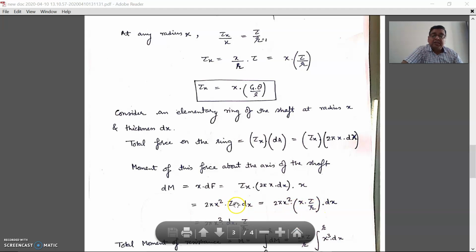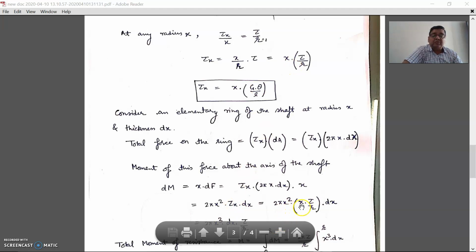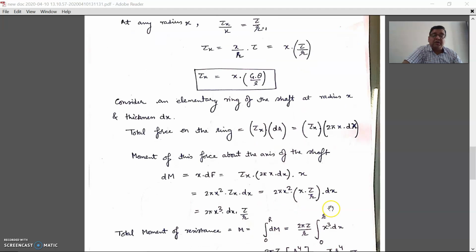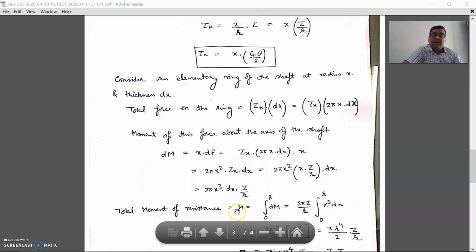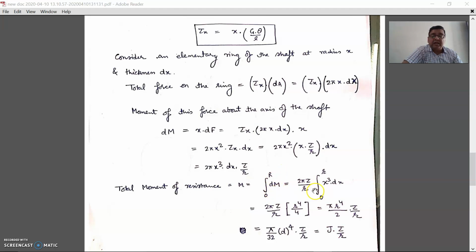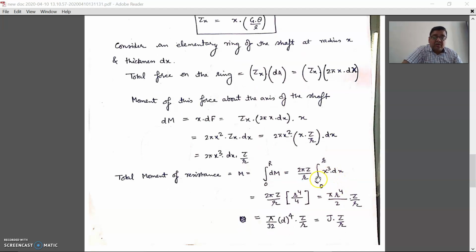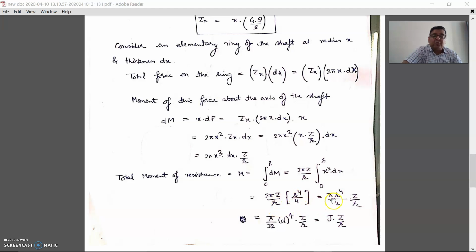Then I can convert tau x from this equation to this, so 2 pi x squared into x by r into tau into dx, or 2 pi x cubed into dx into tau by r. Total moment of resistance M is the integral from 0 to r of dM, or 2 pi tau by r into x cubed dx.